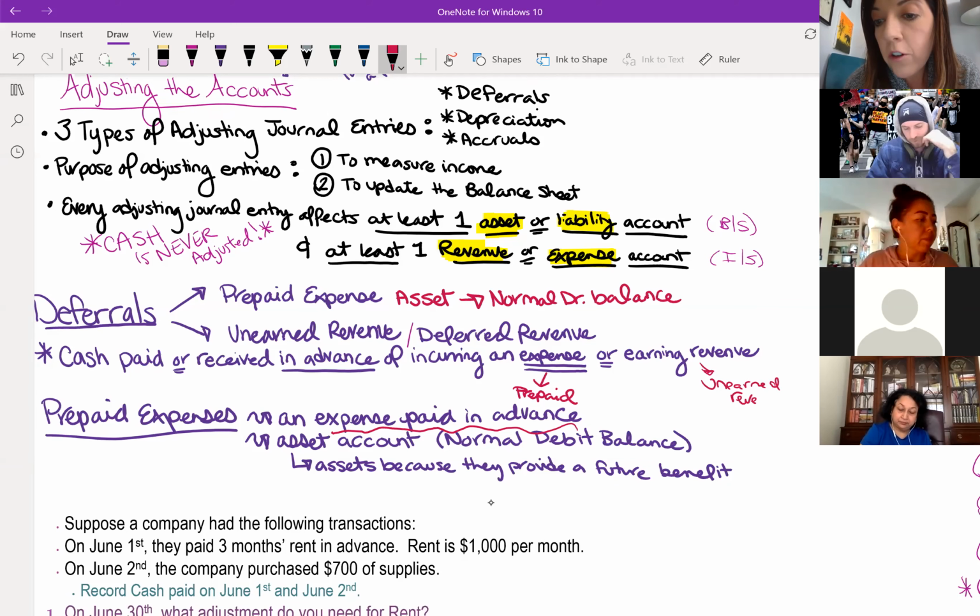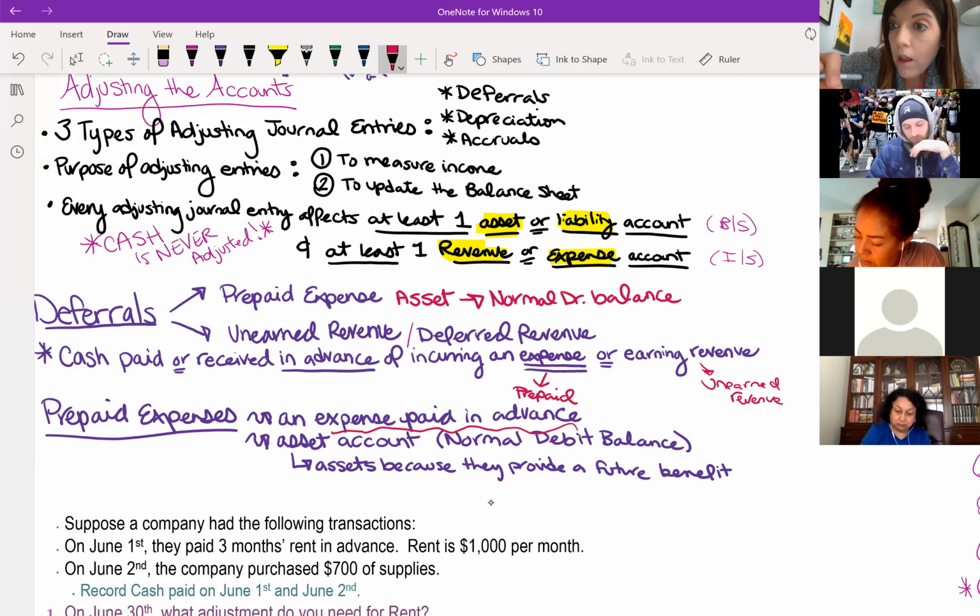So with deferrals, you're typically going to have two entries. One entry that's establishing that prepaid or unearned account, and then the adjusting entry to reflect the amount of expense that's been incurred during that period or revenue that's been earned during that period.